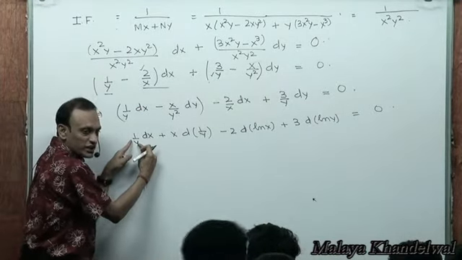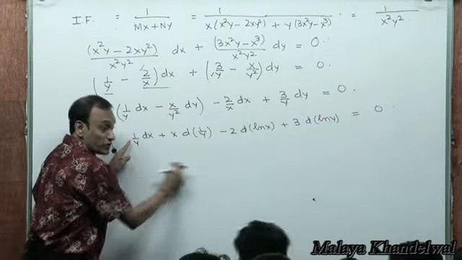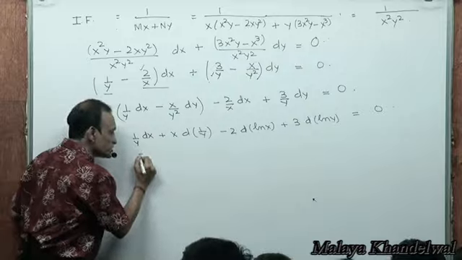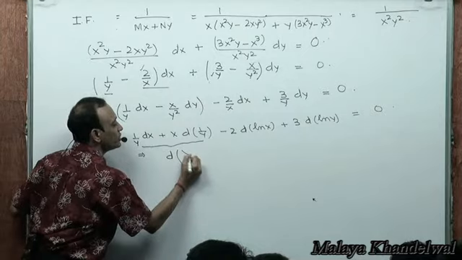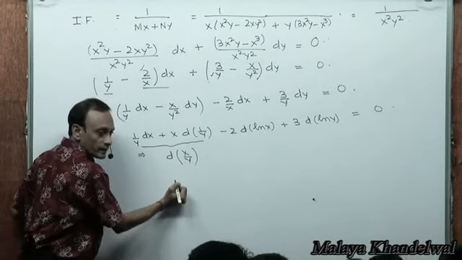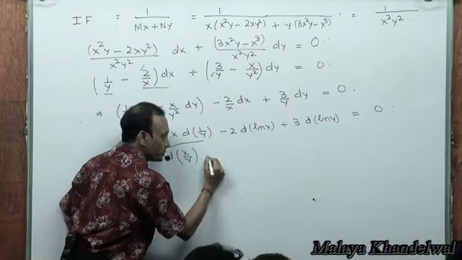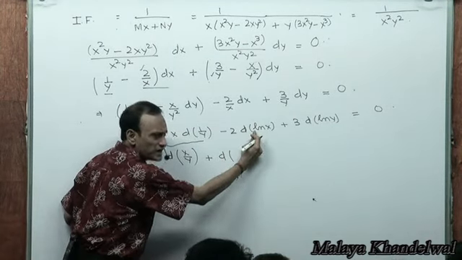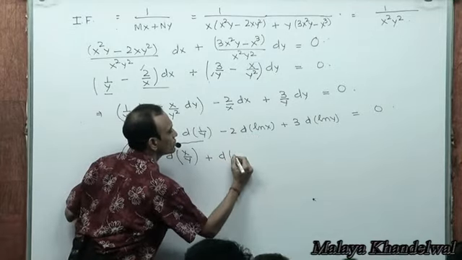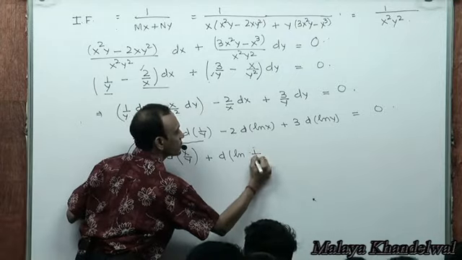Derivative of first function into second function plus derivative of second function into first function, derivative of the product of functions. So these two terms club together to produce d of x by y. x is one function and 1 by y is another function, plus d of, this 2 can get inside this, so d of log of 1 by x squared, right?